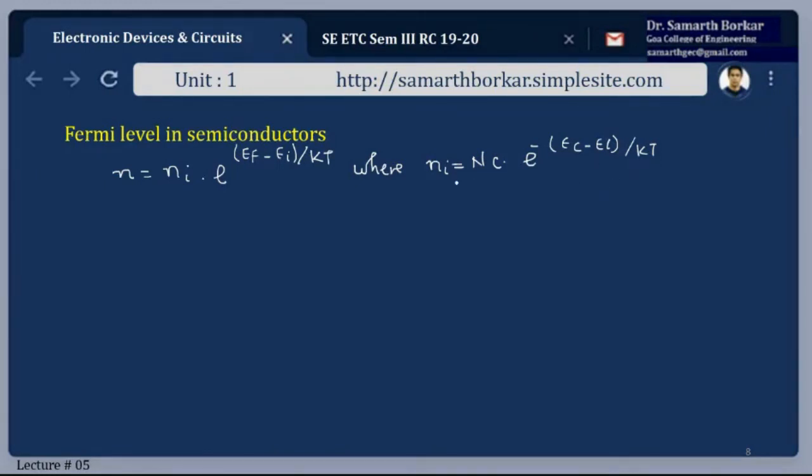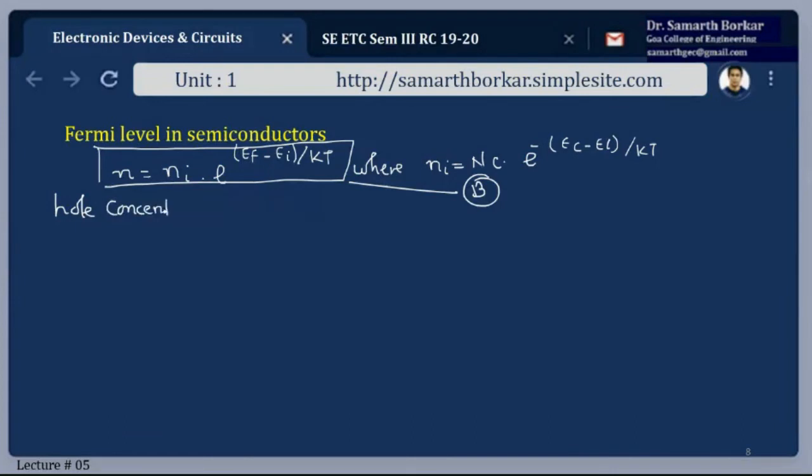Similarly, let us mark this as B, the important equation we put in the box. Similarly, the hole concentration in the valence band can be written as P equals NV e raised to (EF minus EV plus EI minus EI) by KT.